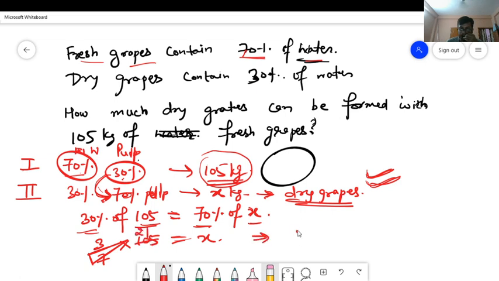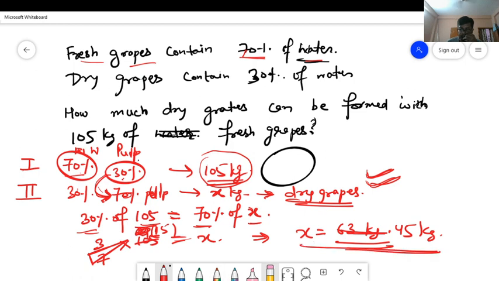Okay, we got the quantity of dry grapes as 63 kg. That's it. So this won't be 21, this will be 1 and 35, 15 into 3, 45 kg, sorry. 45 kg will be the quantity of dry grapes. Is it clear till here? To everyone, Udit, Ravi and Sarvesh.